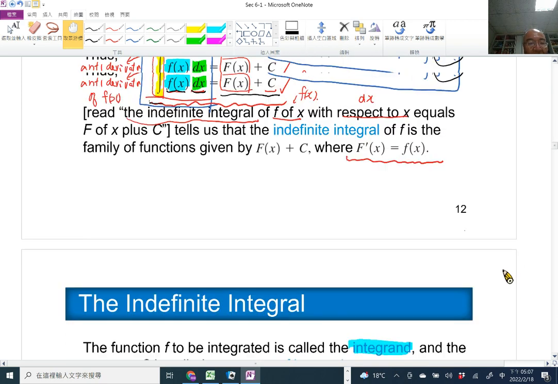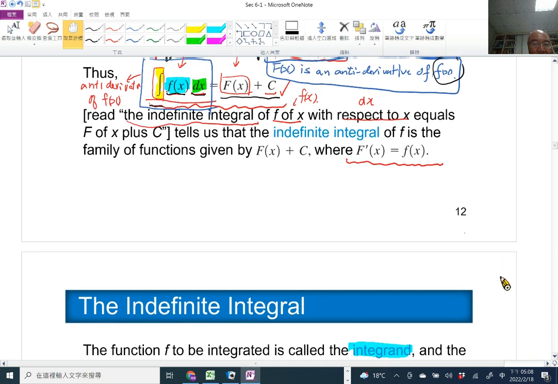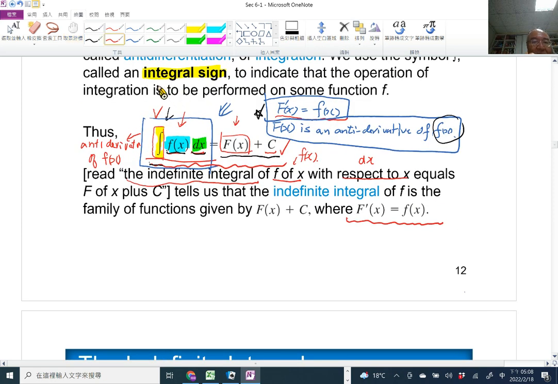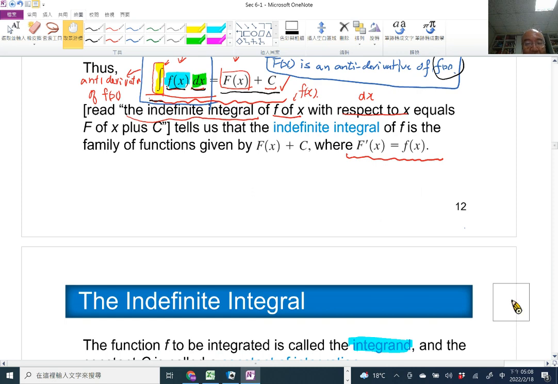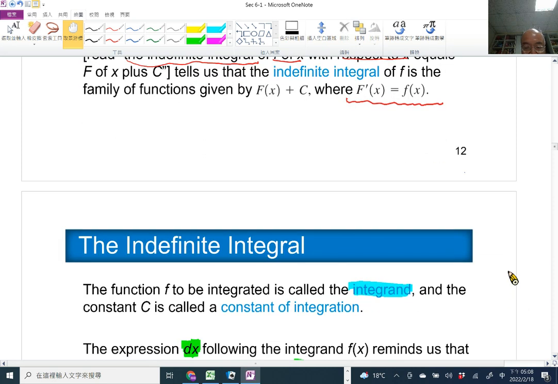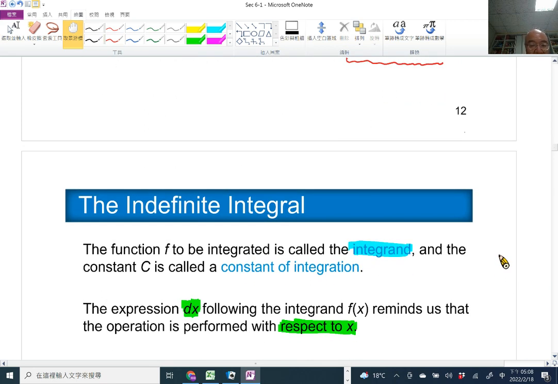Right here, a couple of terms. First, the integral sign, that's the part here, the yellow mark. And the blue mark, f of x, is also known as the integrand. And dx is there because we are doing the derivative; even though this is an antiderivative, it still comes from the derivative. The variable we're doing the derivative with respect to is x.